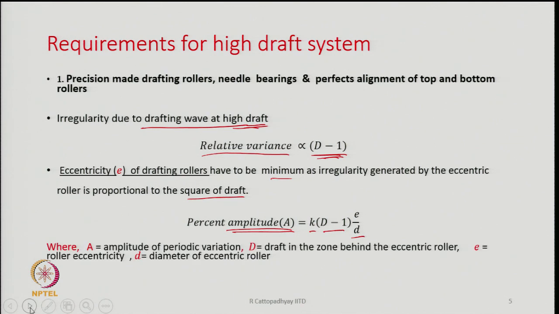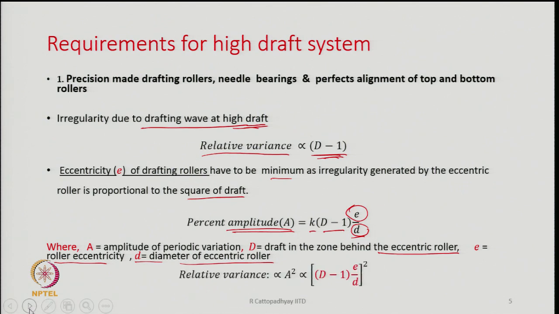A is the amplitude of the periodic variations, d is the draft in the zone behind the eccentric roller, small e is the roller eccentricity, and small d the diameter of the eccentric roller. So, the amplitude of variation generated because the roller is eccentric is proportional to the draft in the zone behind the eccentric roller, to the eccentricity of the roller itself, and to the diameter of the roller which is eccentric.